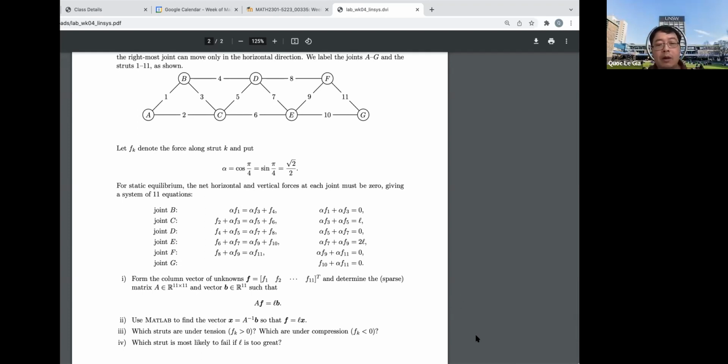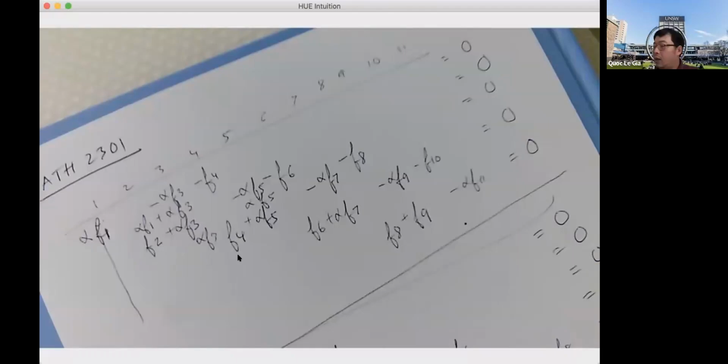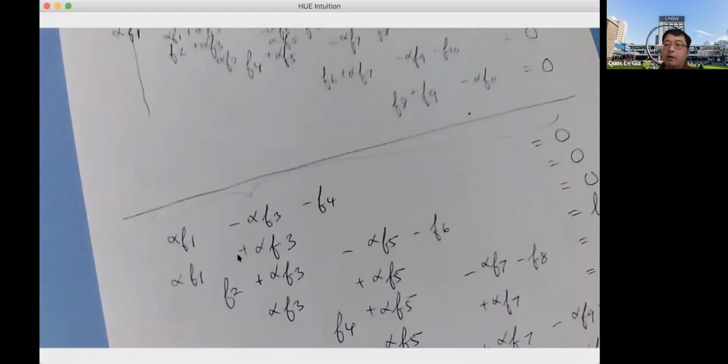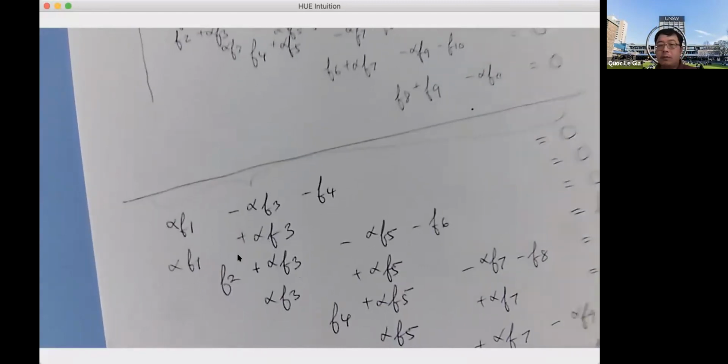Yeah. And now if I go back to the screen, assume that you have checked the physics. Then you can write down the equation, and you can write down the matrix.